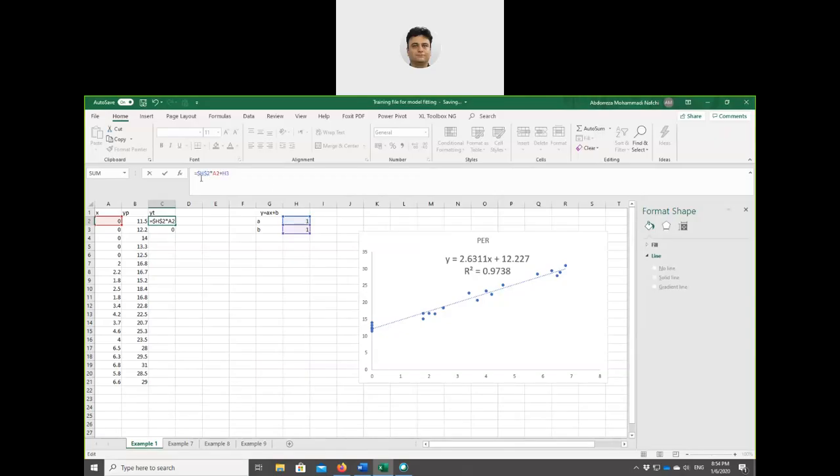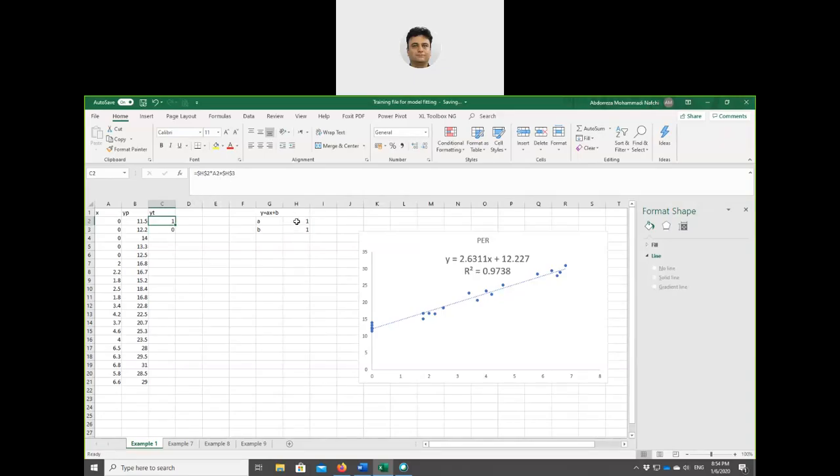H2, I write as dollar H dollar 2. Again here, H3, I want to make it constant, before H and after H. Okay, and again I enter. Now this is equal to H2 multiplied by A2 plus H3.